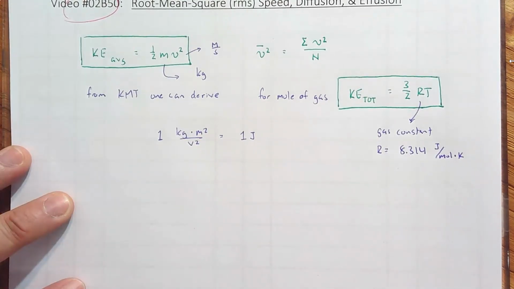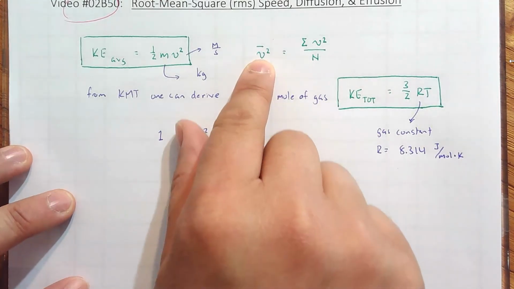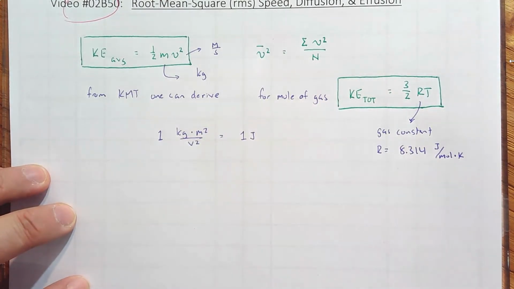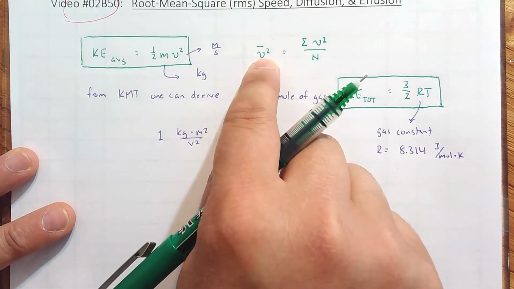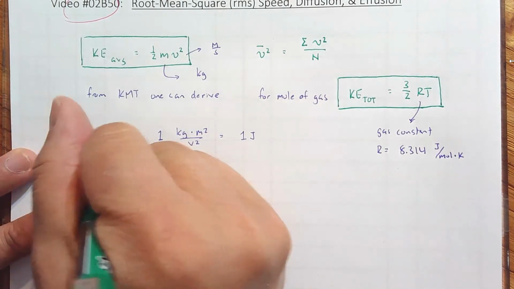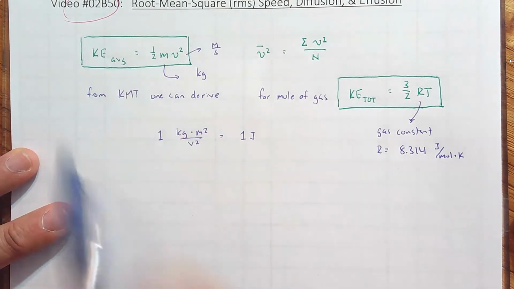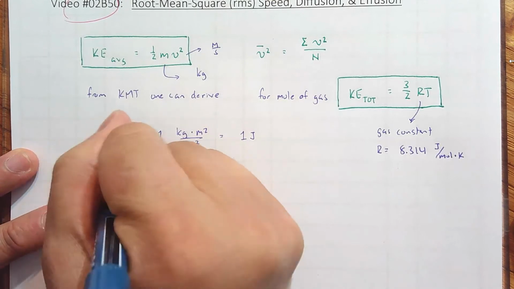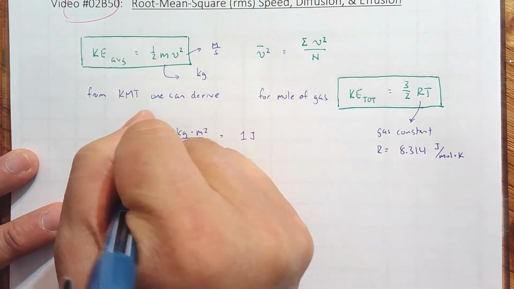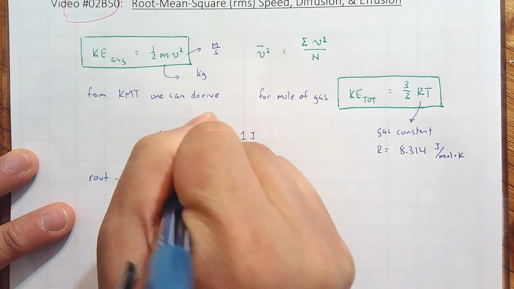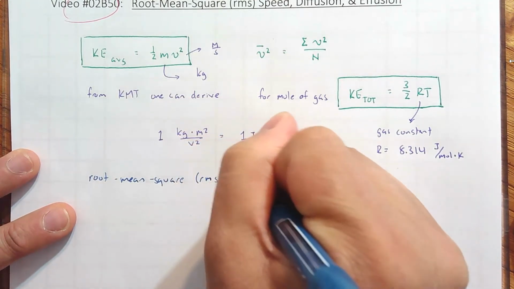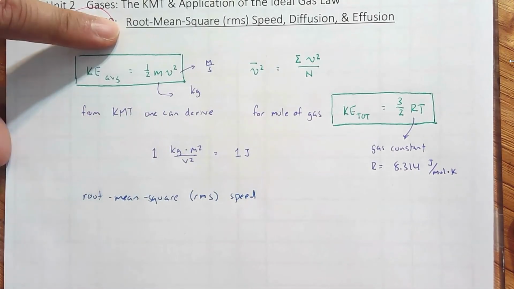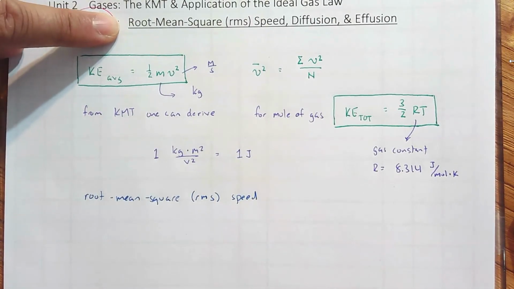Now, if we're solving for v, velocity, that is called the root mean square speed. I'll write it down here: root mean square, so the abbreviation is RMS speed. That is our title of today's video.